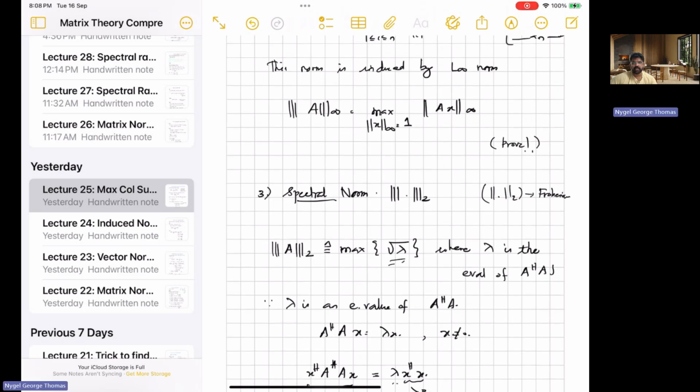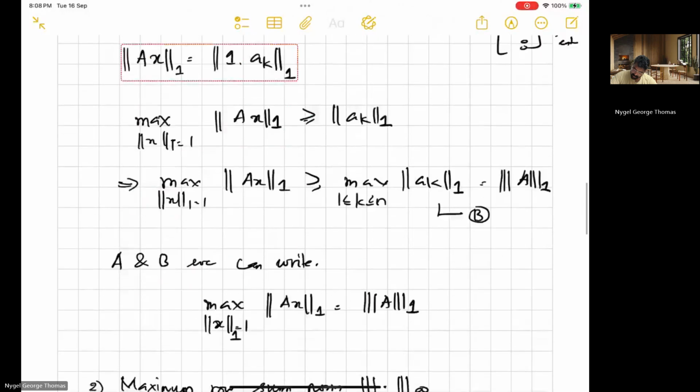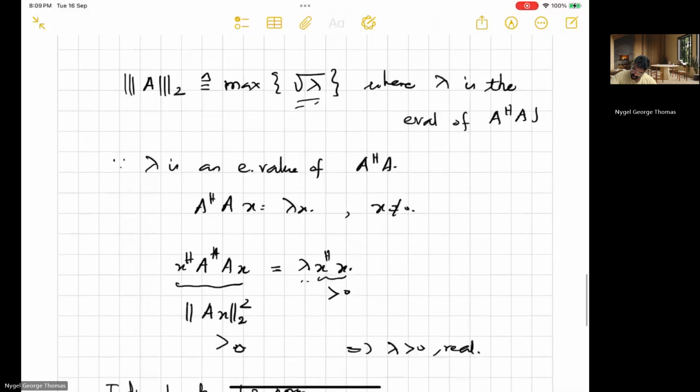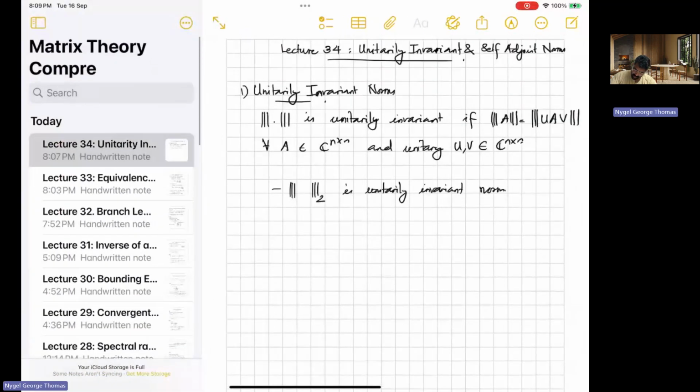Lambda is an eigenvalue, if you have A Hermitian A. Something which we have to be careful about here. Now look at it. It's one thing which we had to note down.